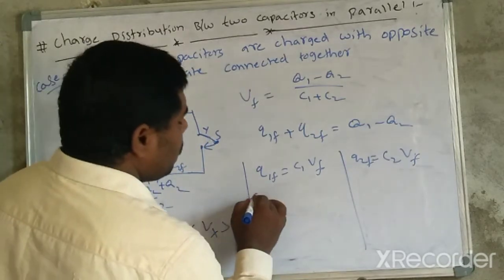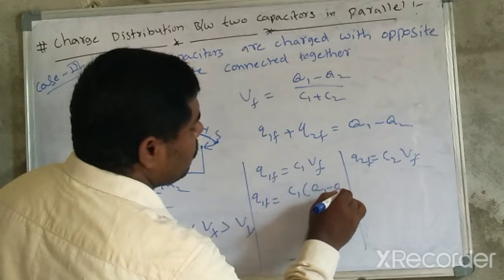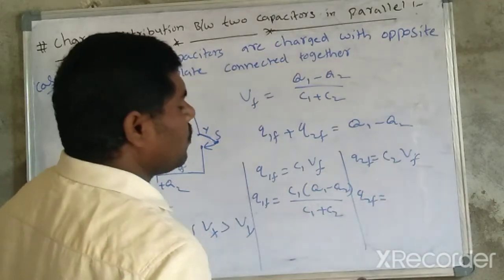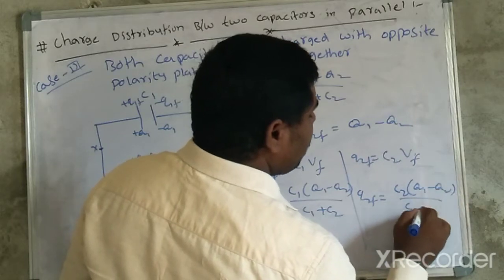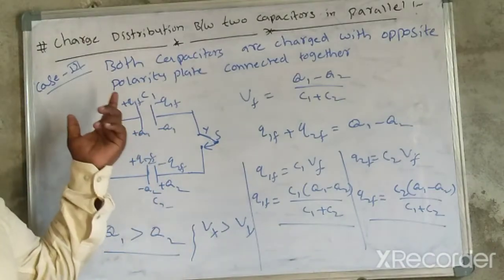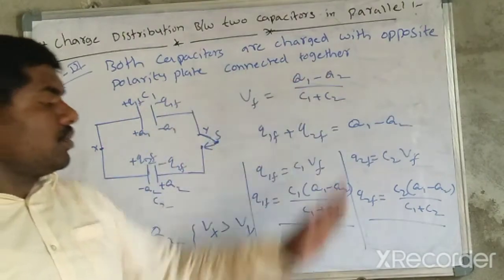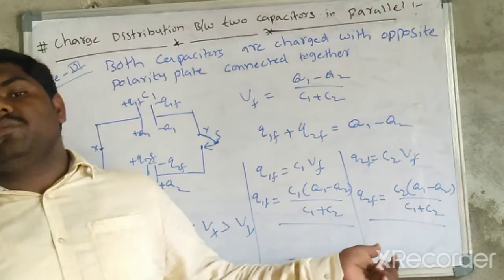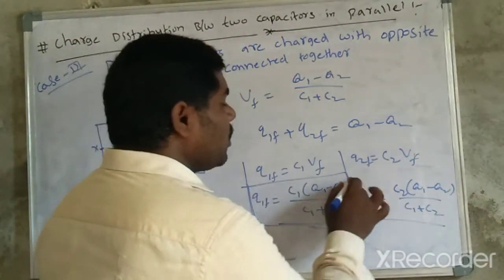So Q1 final is equal to C1 times Q1 minus Q2 divided by C1 plus C2. Similarly, Q2 final is equal to C2 times Q1 minus Q2 divided by C1 plus C2. So whenever both capacitors charged with opposite polarity plates are connected together, this is the Q1 final value and this is the Q2 final value. Please remember, my dear students, because these formulas are very important while doing numerical problems.